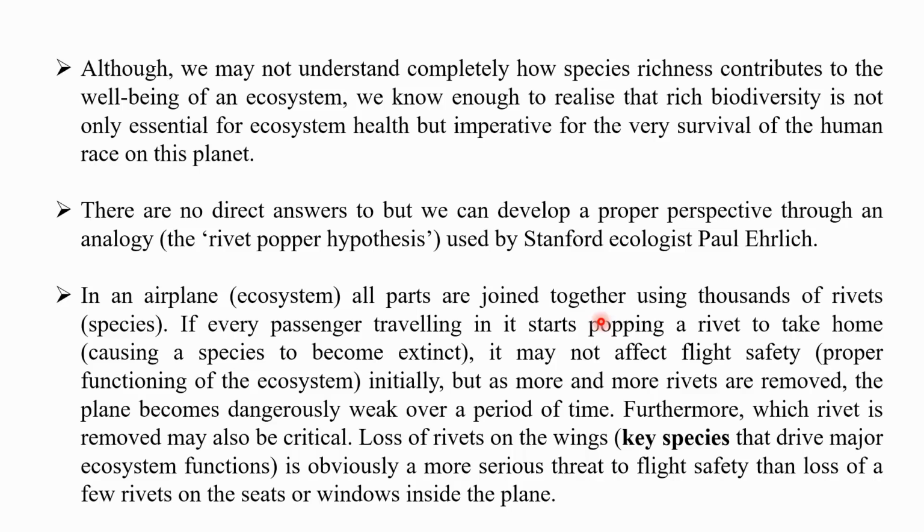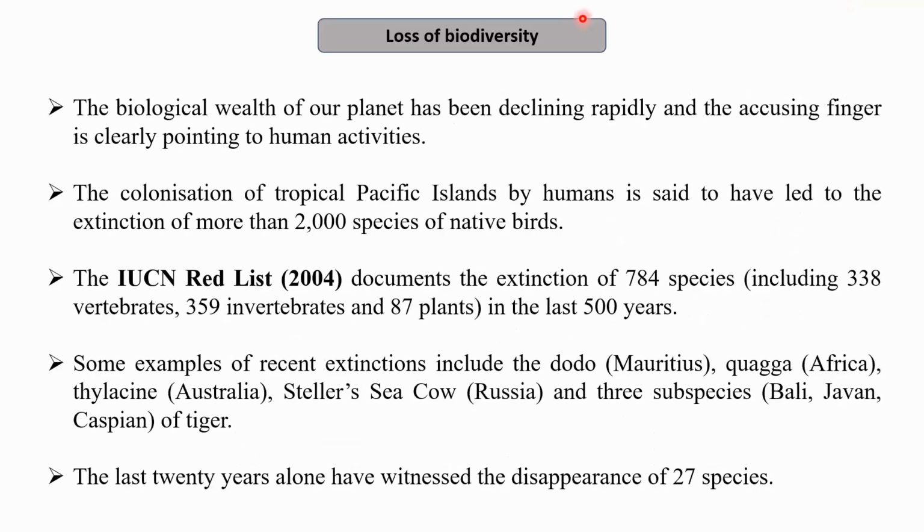So therefore, the keystone species that drive the major ecosystem functions in an ecosystem are considered to be the very important rivets, and the loss of these key species is considered more dangerous and a more serious threat to the flight safety than the loss of a few rivets on the seats or the windows inside the plane.